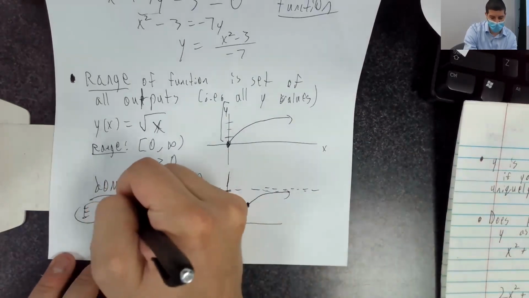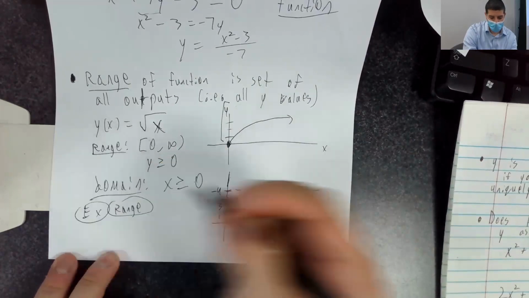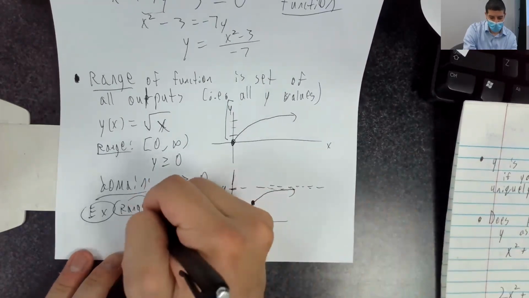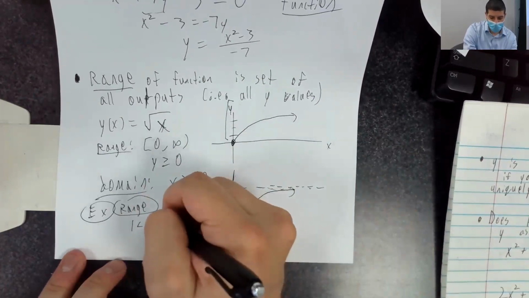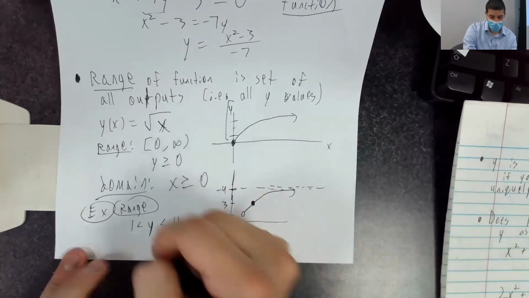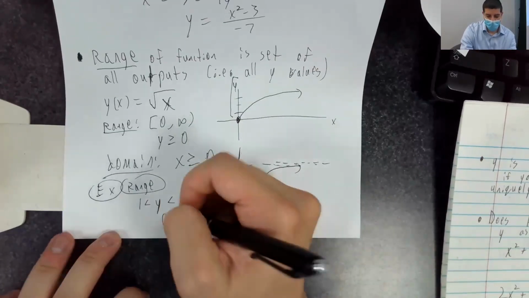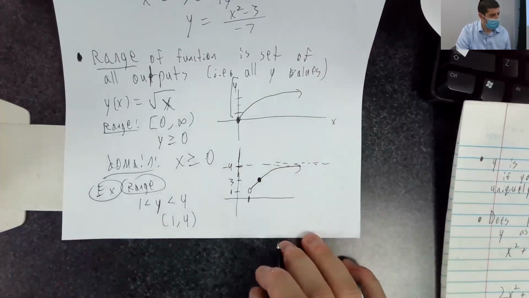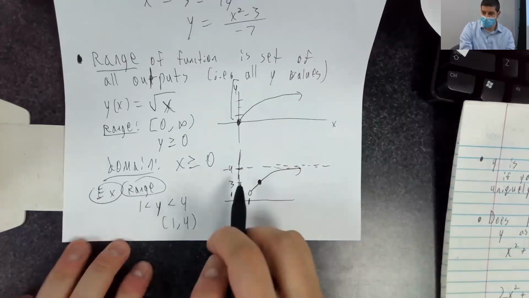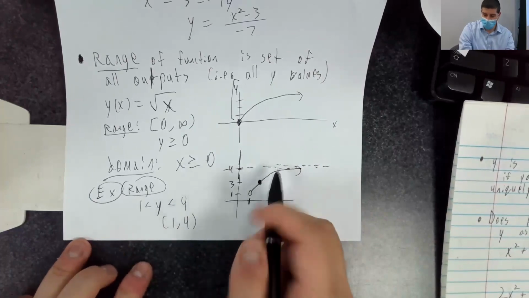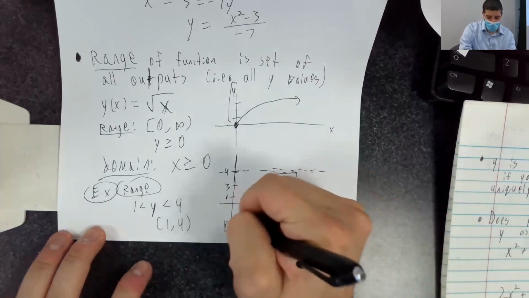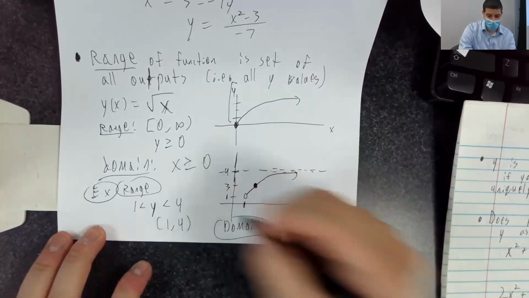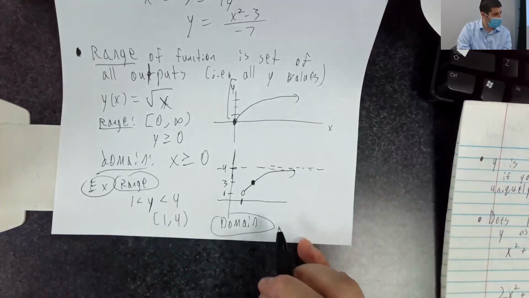So the range is y between 1 and 4, with 1 less than y less than 4. In your WebAssign, you would input 1 through 4 for the range, because those are all the y values that get taken. But the domain is going to be different, because domain is x values.